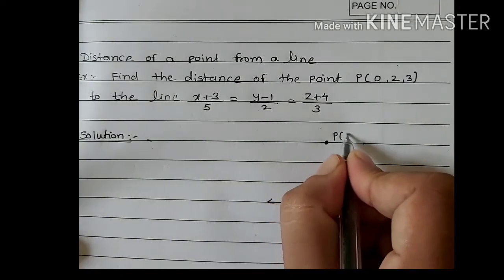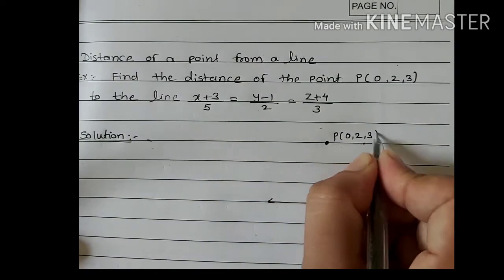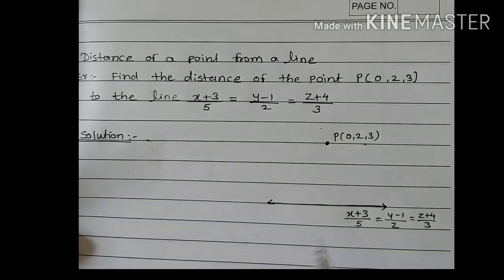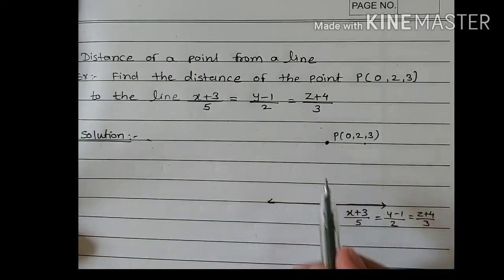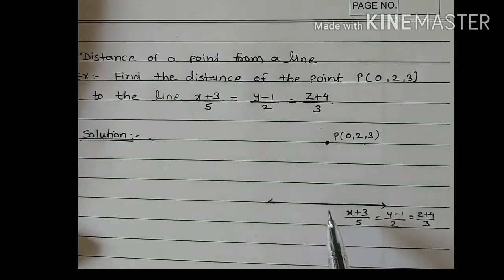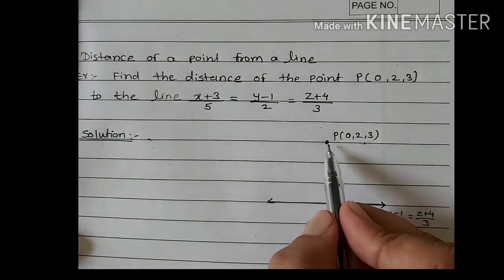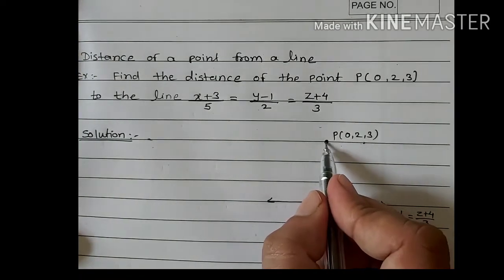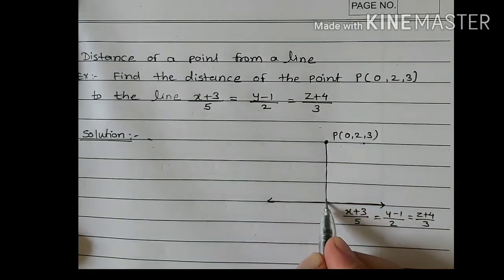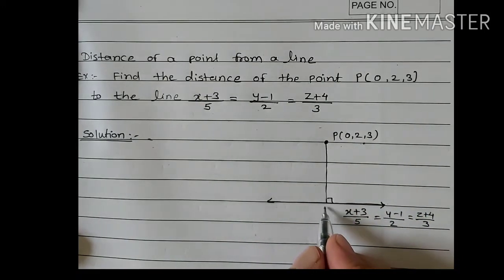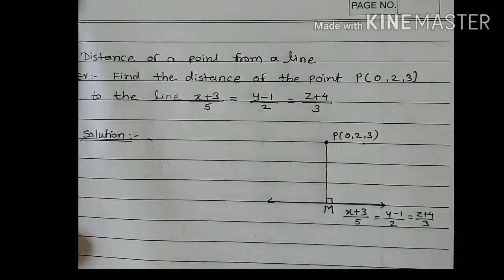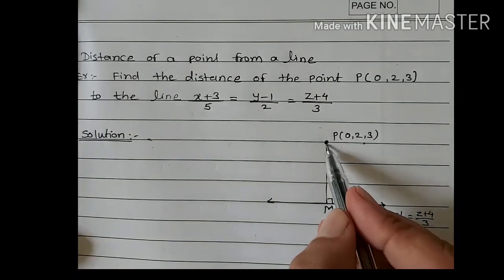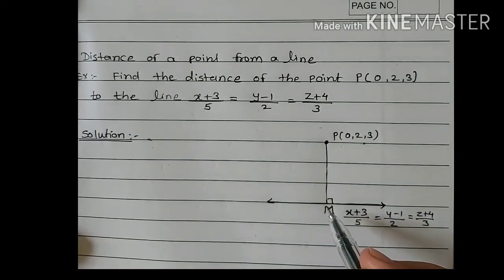Point P whose coordinates are given 0, 2, 3. To find out distance of that point P from this line, simply draw perpendicular from the point P towards line. Suppose I have taken here perpendicular towards line, put a perpendicular as M. So target is to find out length of PM.